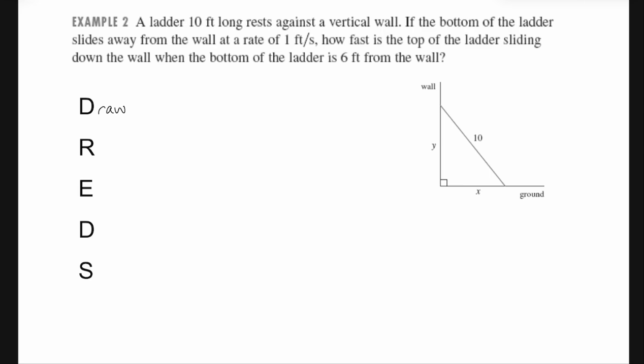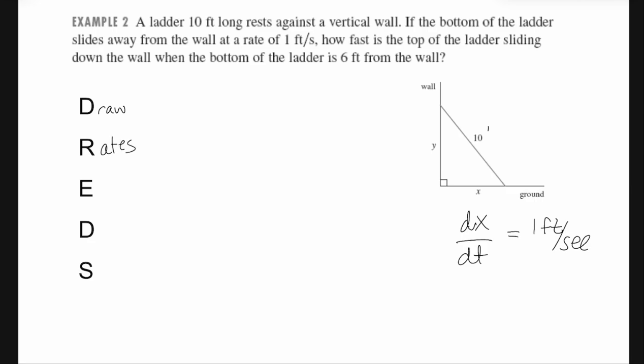It says the bottom of the ladder is sliding away from the wall at a rate of 1 foot per second. So I called it X, so dx/dt is 1 foot per second. Remember, the ladder was 10 feet, so all of our units are matching up. Anything it says per second is going to be in the rate category.